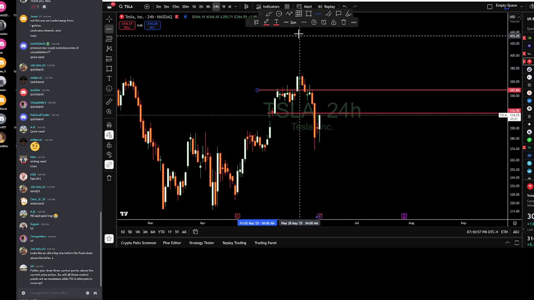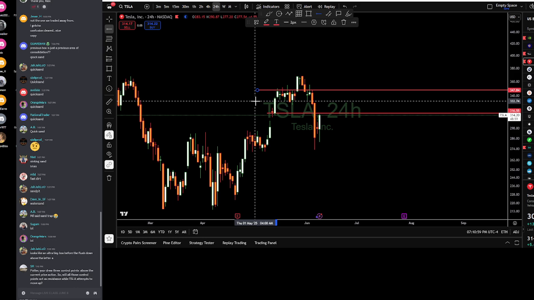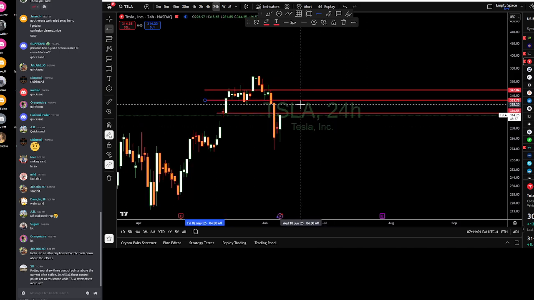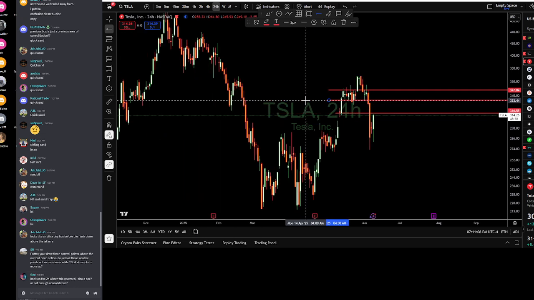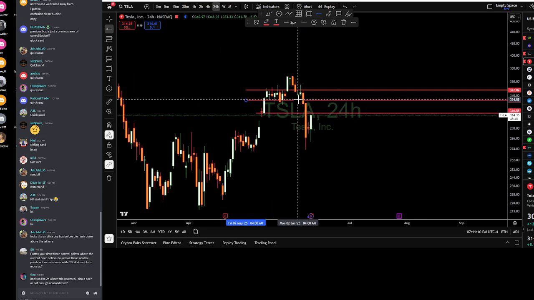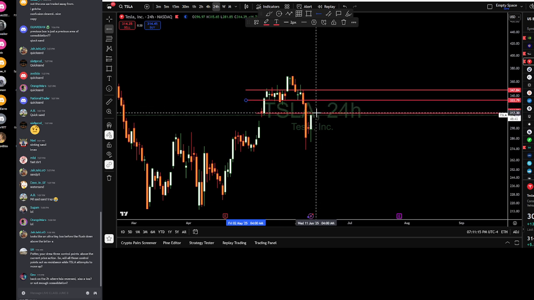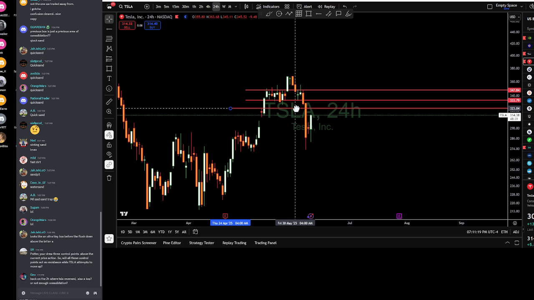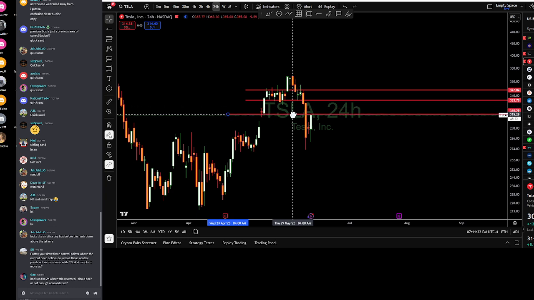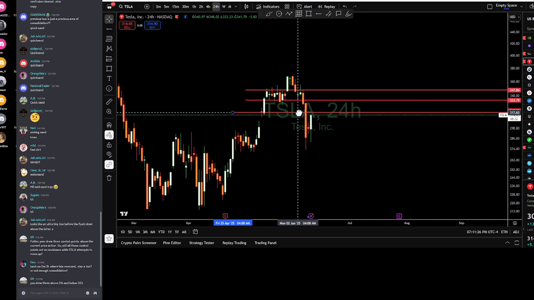If you're able to recover your floor, there's your sign. You're putting sellers and buyers in a weird position, which is why I think we should expect that Tesla likely finds some sort of resistance around the 323 or even flat out 316, 317 area. You drew 3 above 316.